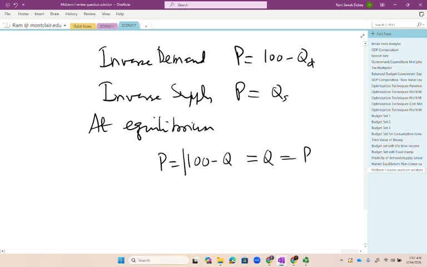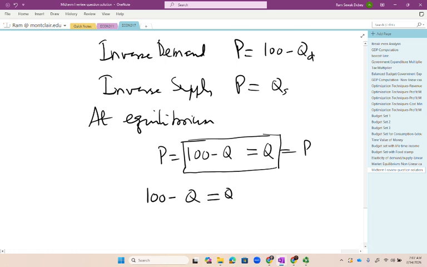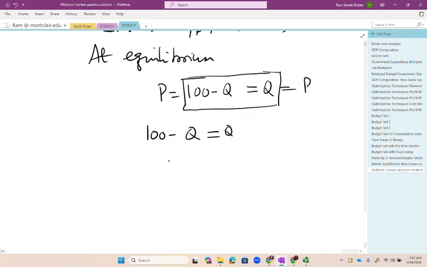So this part comes from the demand side of the market, and the second equality comes from the supply side of the market. This gives us one equation, 100 minus Q equal to Q. This is one equation, one unknown, we can solve.